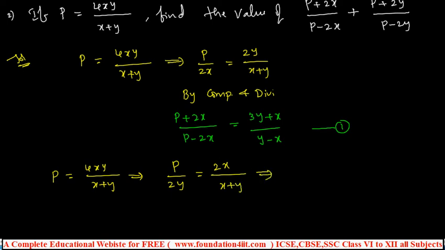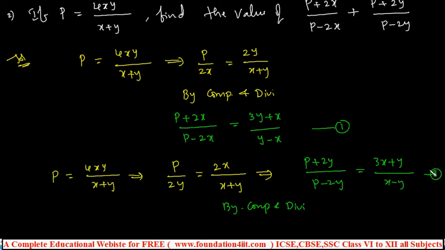For this also, by applying componendo and dividendo rule, how will we get it? p plus 2y by p minus 2y is equal to the same. This is also adding and subtracting: 2x plus x plus y, 3x plus y, and this minus this, x minus y. This is equation 2.